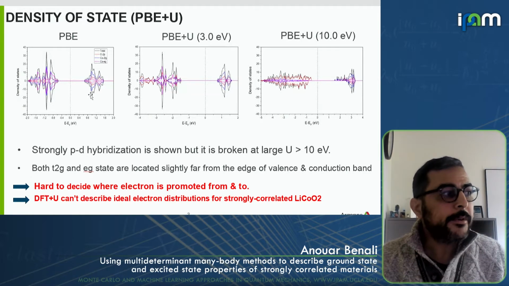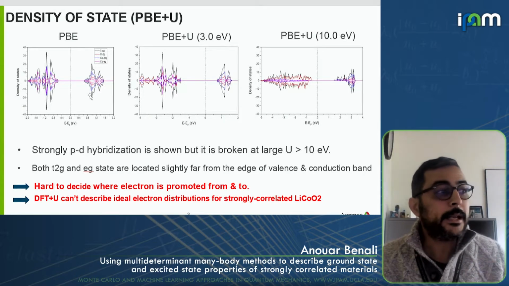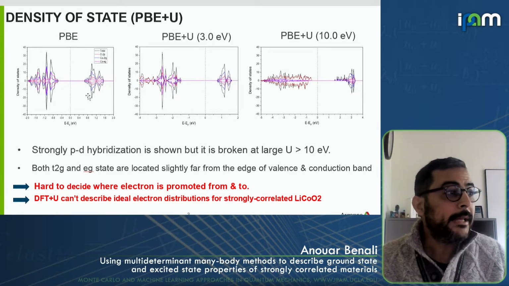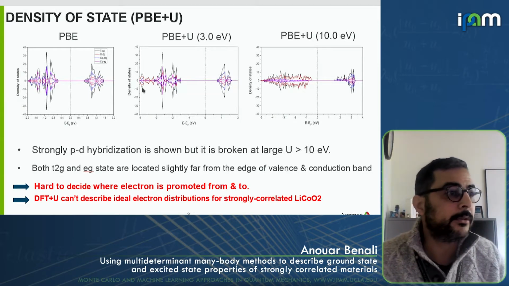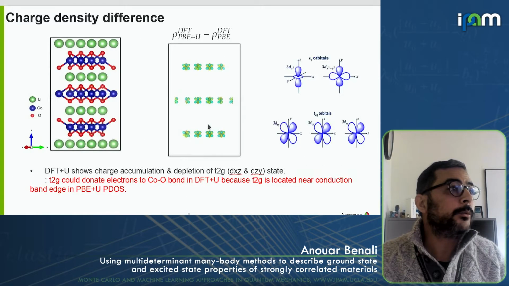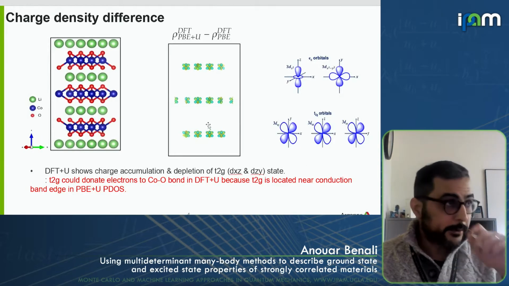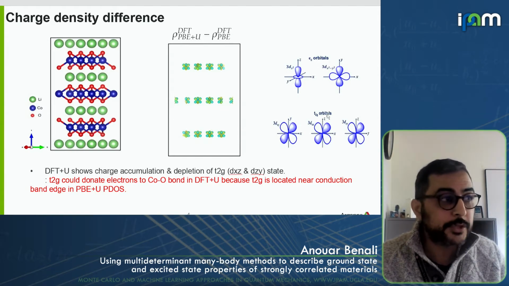So it becomes very hard just from a DFT point of view to decide where the electron is promoted from or to, and DFT+U cannot really describe the ideal electron distribution of strongly correlated lithium cobalt dioxide. So what we tried to do here is also look at the charge density and see the effect of the value of U on the eg and the t2g orbitals.